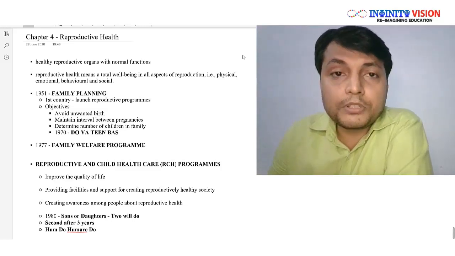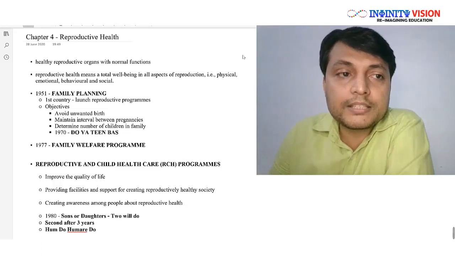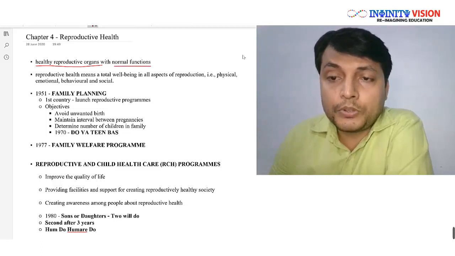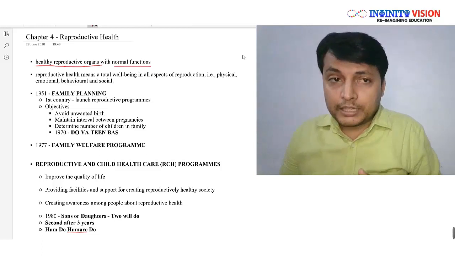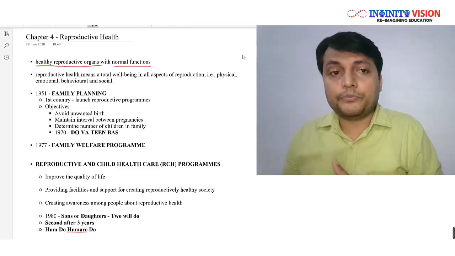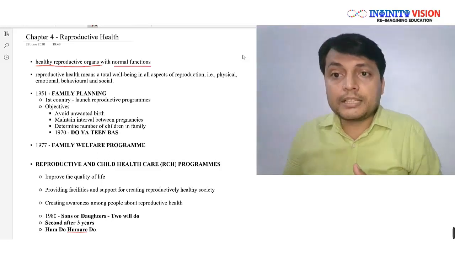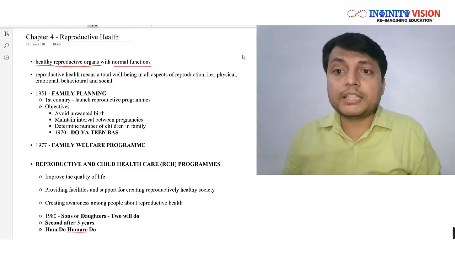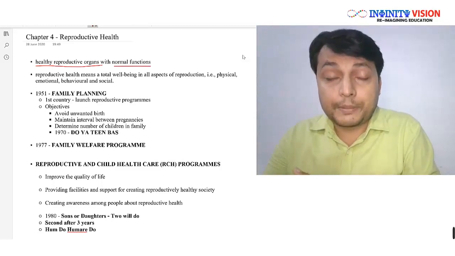If we go through NCERT, reproductive health is healthy reproductive organs with normal functions, that is, the health of reproductive organs with their normal function, that is normal reproductive capability.